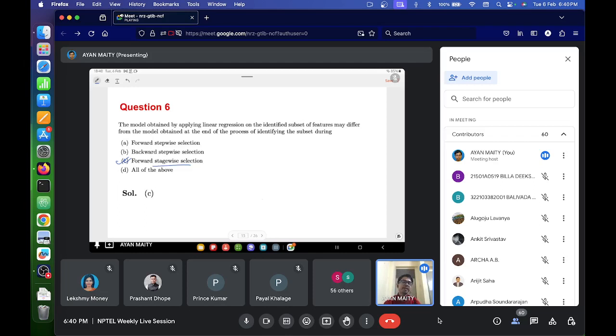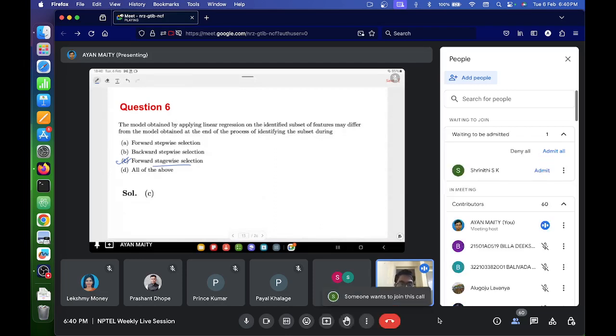So in every iteration we are continuing to form a linear regression model, which is not the case for the other two selection methods. It would be much clearer if you go through the video lectures again. So in forward stage-wise selection, we are actually creating a model while finding the subset features.